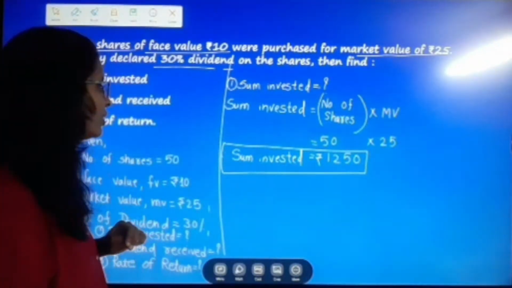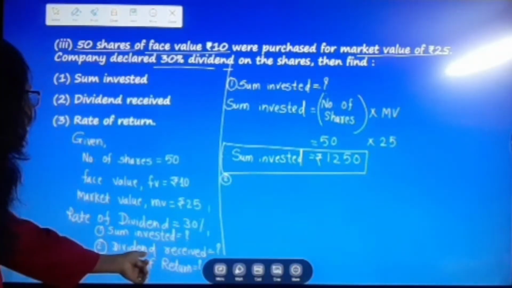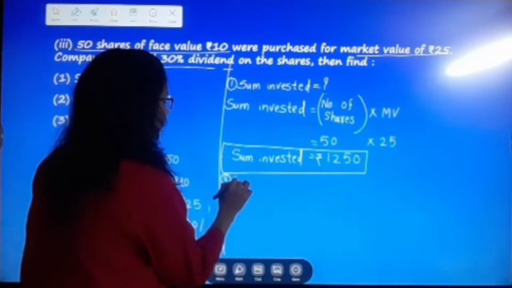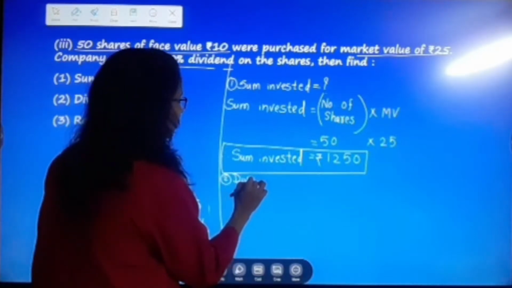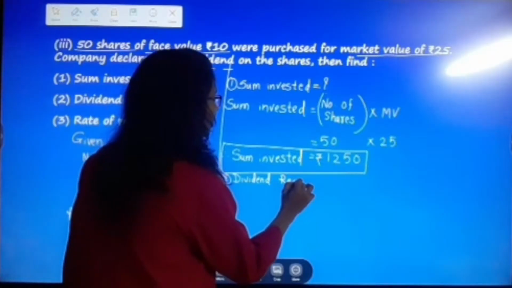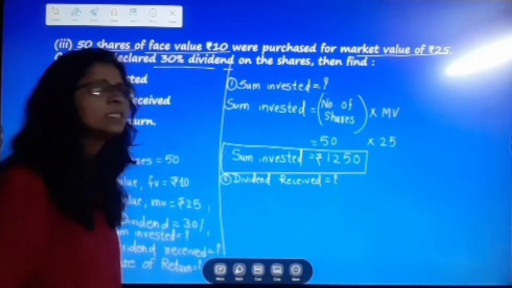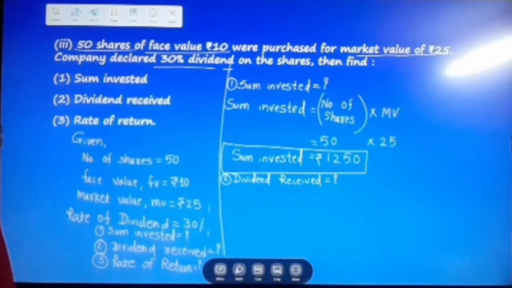Then the second question is to find out the dividend received. Dividend received is equal to question mark.